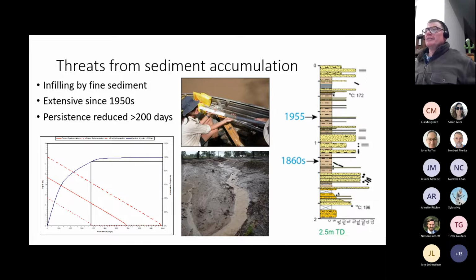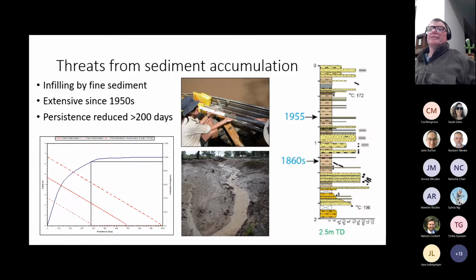And we don't really know if that is a process that's continuing or if it's a legacy of change that happened back in the 50s with land clearing, which was like the 50s, 60s was the big time for land clearing in this area. But what we do know is that the sediments are being incrementally deposited, but not being removed.